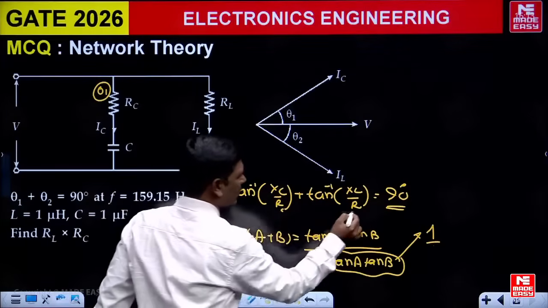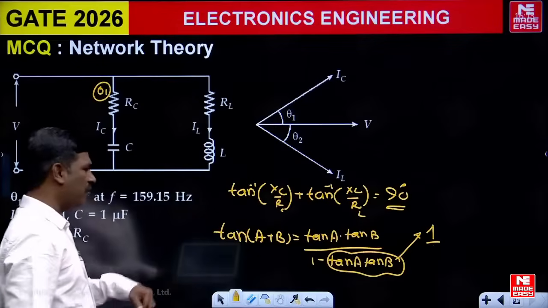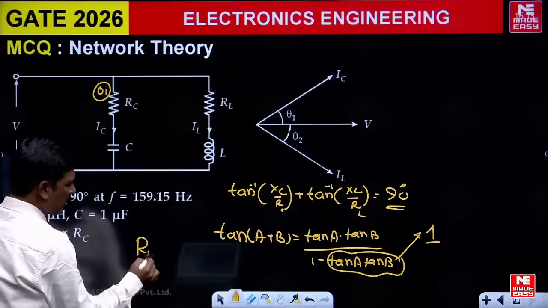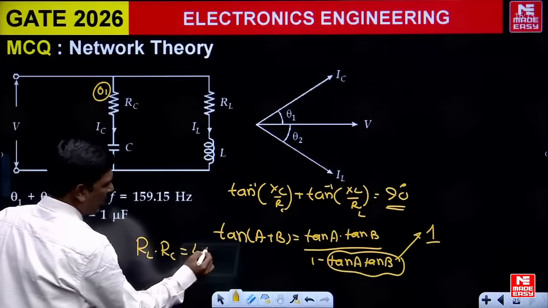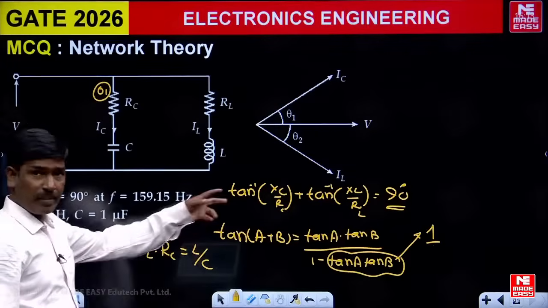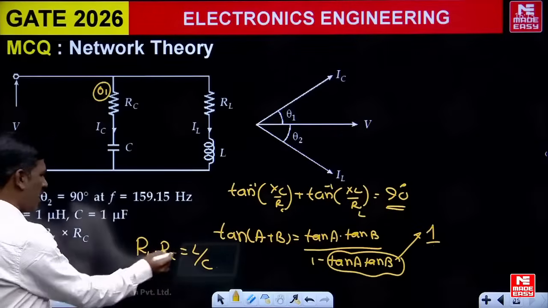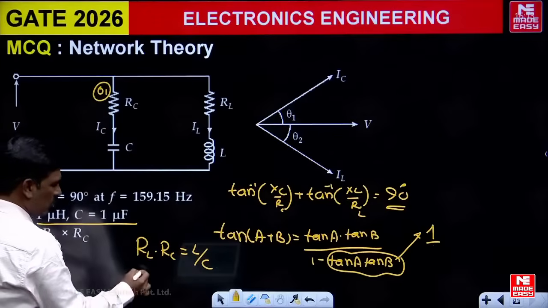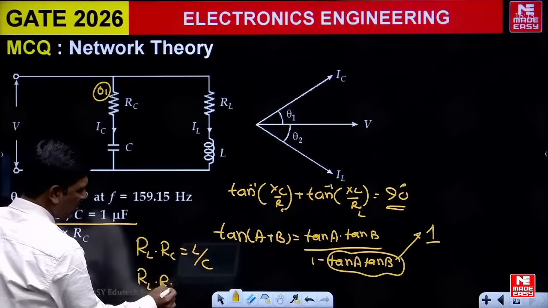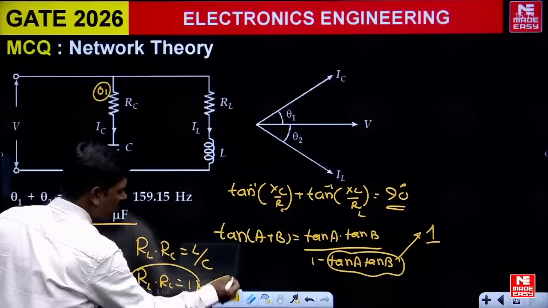This will be RC, this will be RL. After that, you get RL into RC is equal to L by C. Just the L value and C value are both the same. So the answer is RL into RC is equal to 1 for this question.